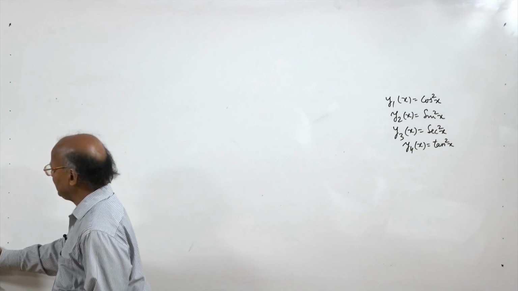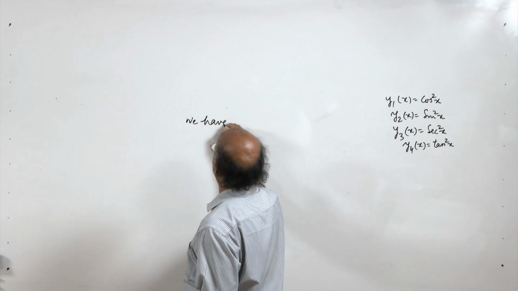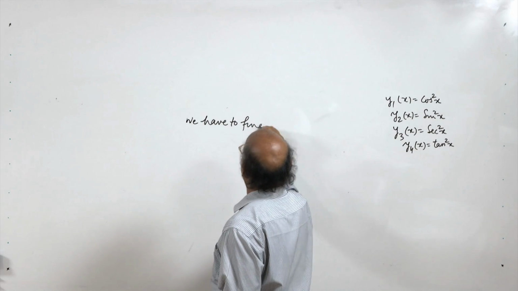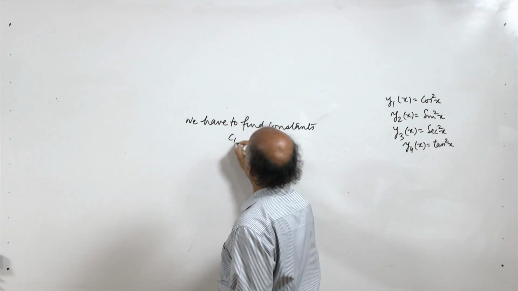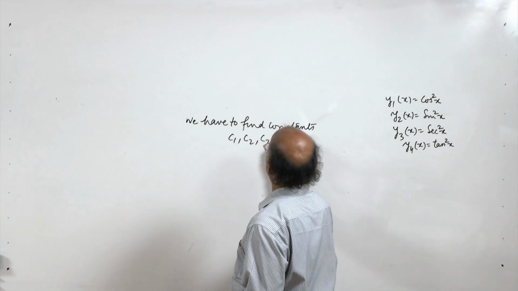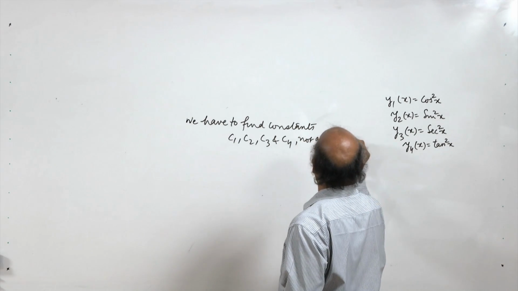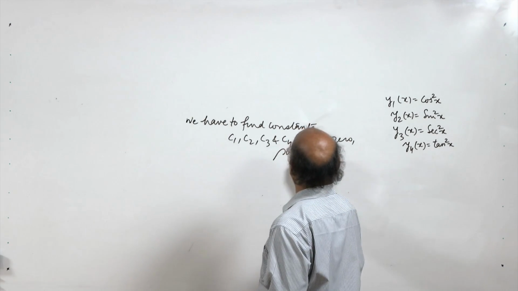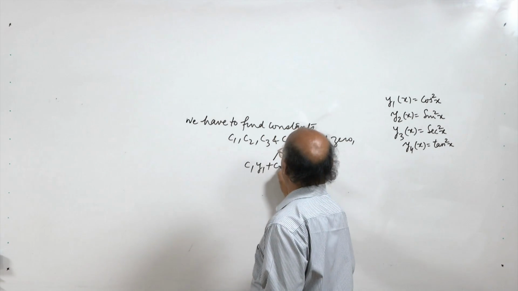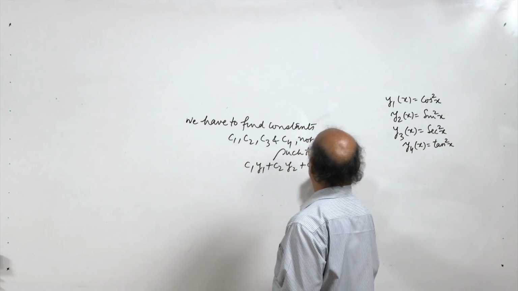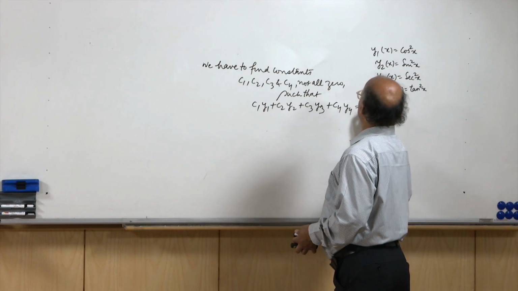So we have to find constants C1, C2, C3 and C4 not all 0, such that C1 y1 plus C2 y2 plus C3 y3 plus C4 y4 is equal to 0.